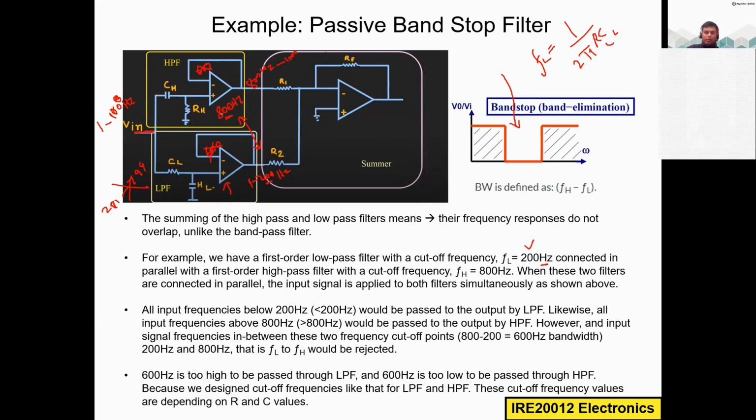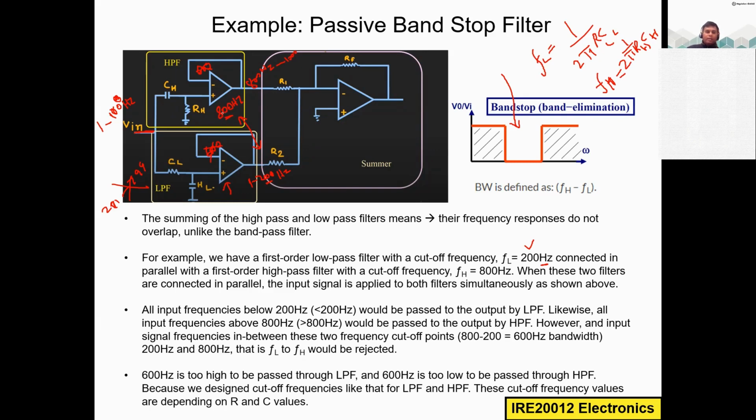And if you want to change the cutoff frequency of the high pass filter FH, then you have to change the corresponding R and C value, 2 pi RC. So here it is RH CH. You have to change these two values to change the cutoff frequencies.